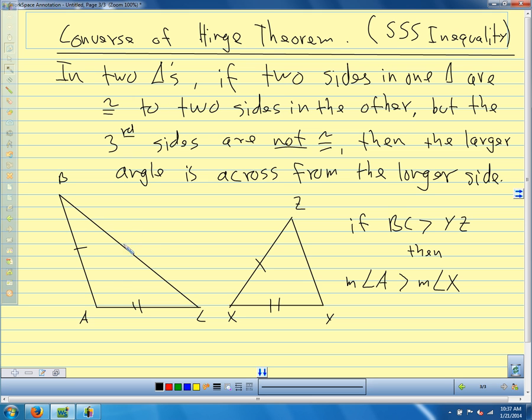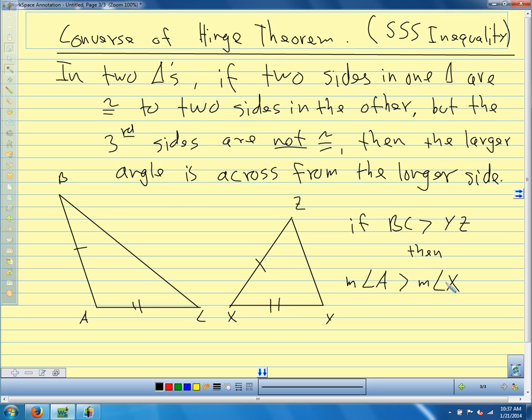As long as we know everything else here, the two sides are the same, and you said this is bigger because angle A is bigger than angle X, I would be okay with that rather than naming the converse of the Hinge theorem. So I'm not that interested in whether or not you can name the theorems.